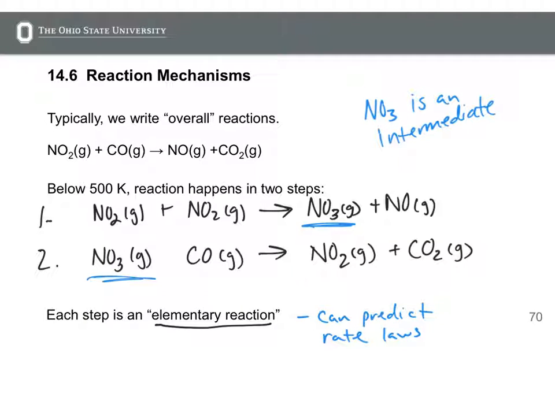Okay. Intermediates also can't show up in your rate law expression. Okay, so we're going to see some examples later on where a predicted rate law might show an intermediate in the rate law. But we have a workaround for that because it's not actually a valid rate law.